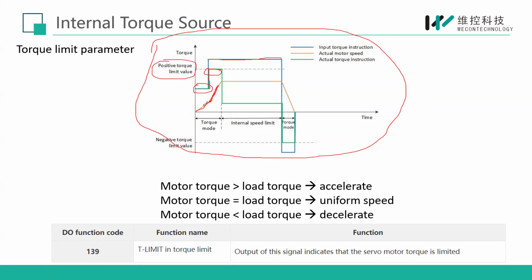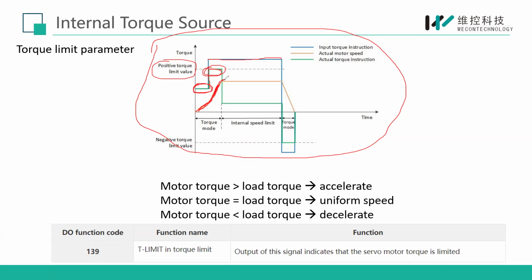You can see for these two segments, the acceleration is different, because here the torque is small, so the acceleration is small, and here the torque is bigger, so the acceleration is also bigger.